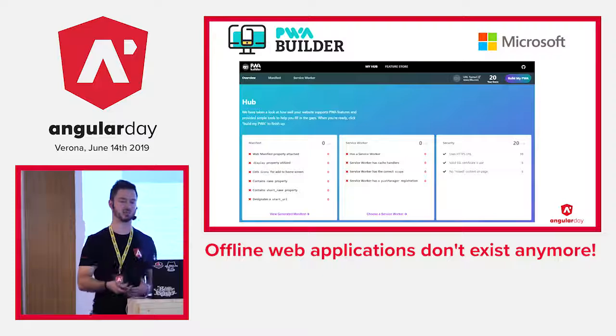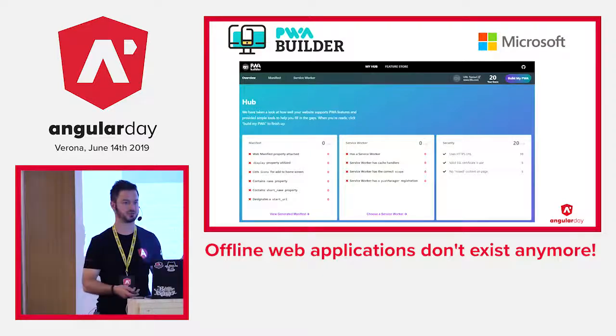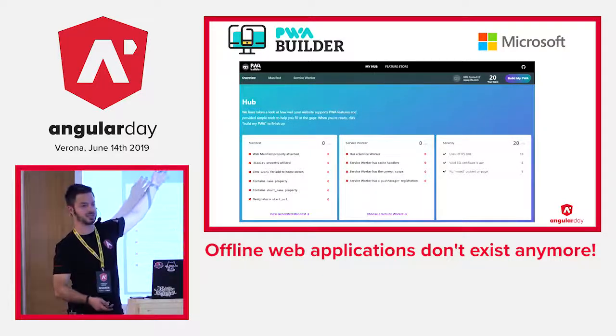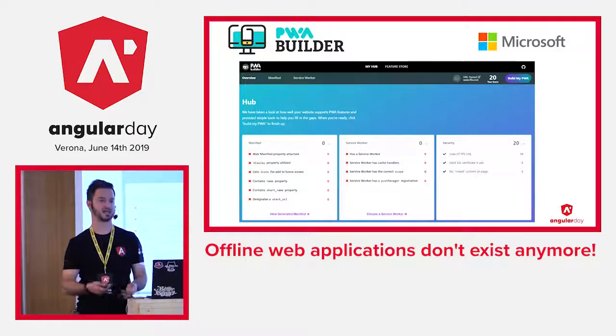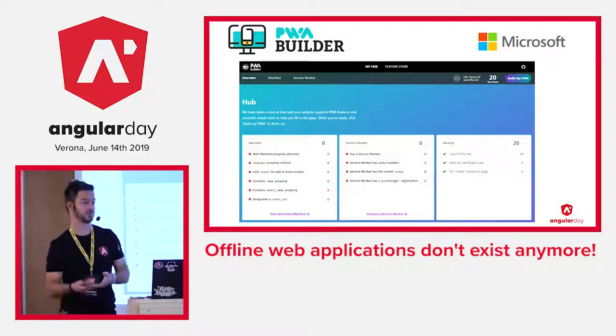But we can use the manifest and service worker tabs provided by the application, and this will try to create a skeleton for us and fill in some of the data it can fetch or scrape from the website.